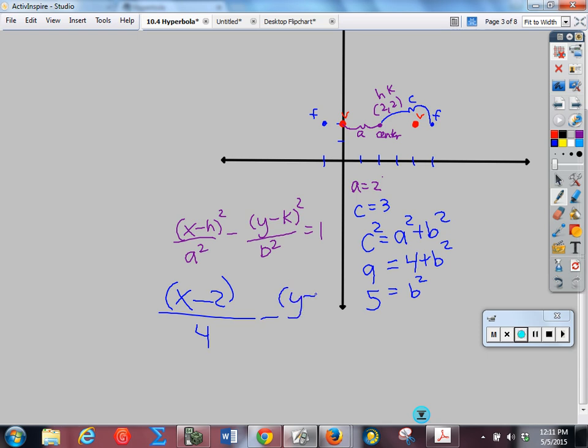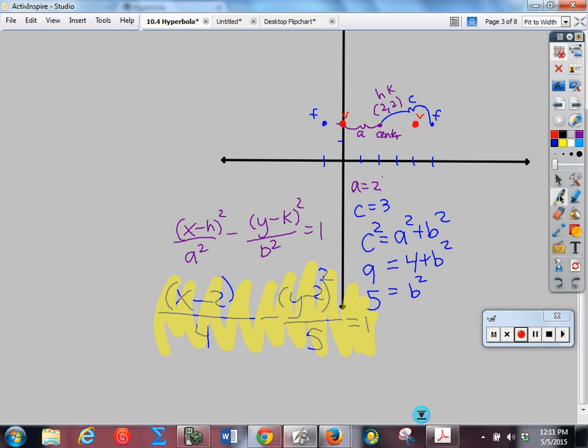And this is b squared underneath here. So b is the square root of 5, but b squared is 5. Equals 1. And then you're done. It's the square root of x minus 2, right? I mean squared. Squared, yep. A again?